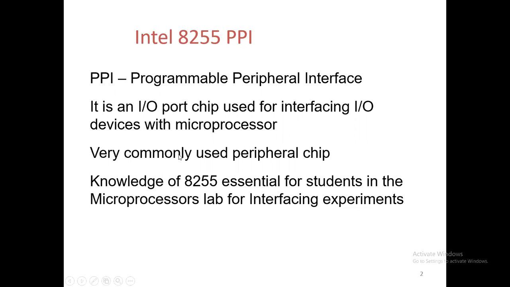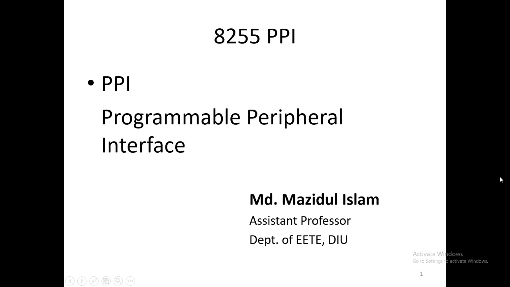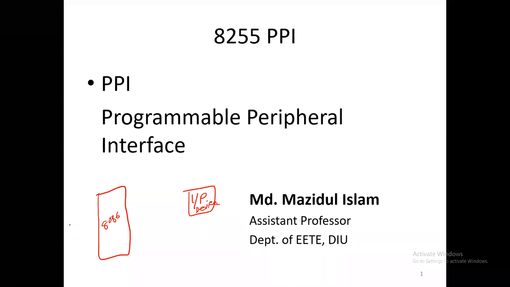Suppose this is our microprocessor 8086, and suppose this is our input output device, and these are output devices. Input devices mean keyboard, mouse, scanner, and the Wacom board we already use.